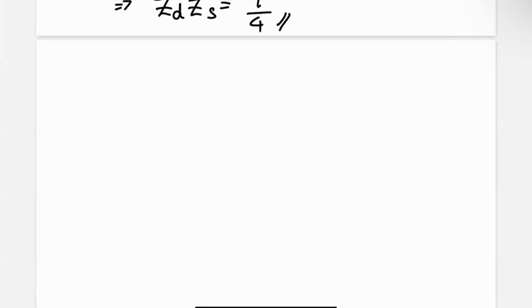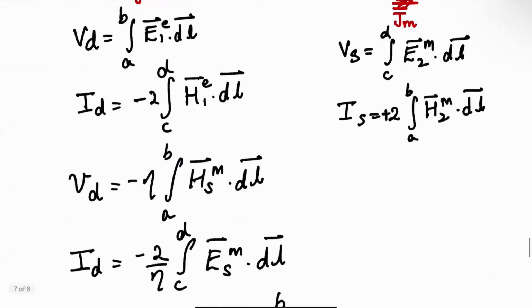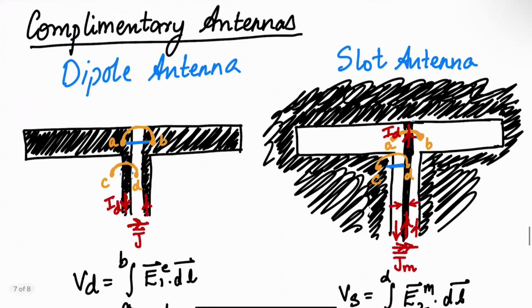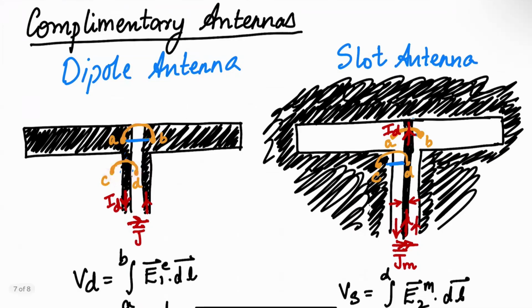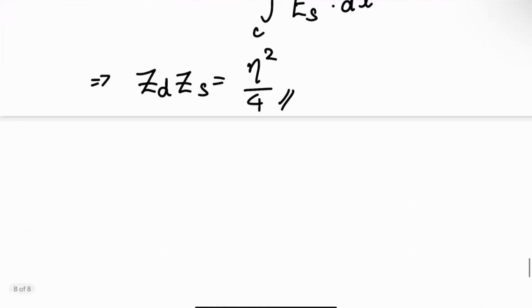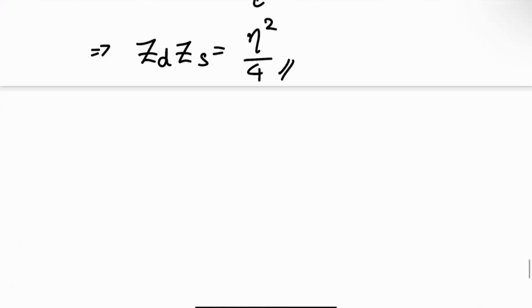Okay, and during this derivation, we never really use the fact that the dipole is shaped a certain way and the slot is shaped a certain way. You can take any antenna that's planar, take its complementary, and you can find effectively the right contour integrals to find the voltage and current. For any planar antenna like this, which is PEC, you can find the same relationship, since we made no assumption about the actual shape of the antenna.